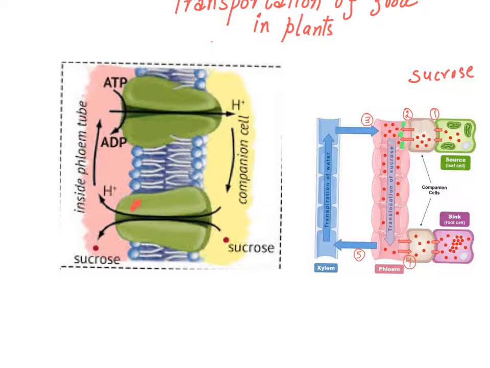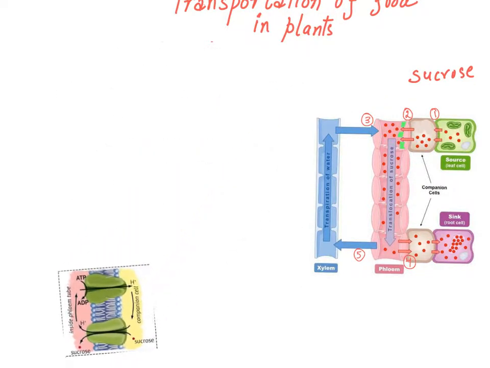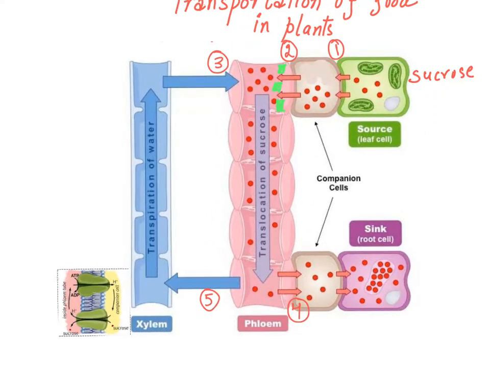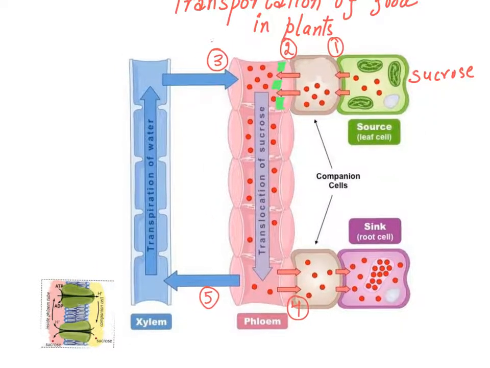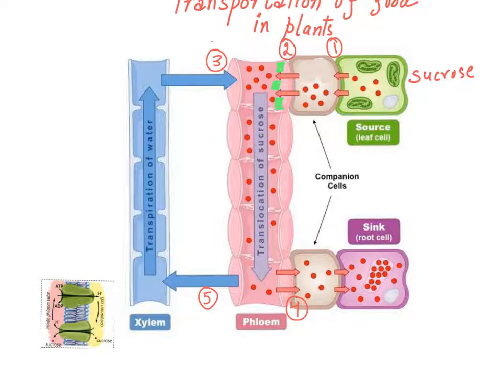But at present, you can see that the concentration of sucrose is more in phloem and less in the companion cell. If you look closely, 1, 2, 3, 4, 5, 6, 7. Seven sucrose molecules are shown here. 1, 2, 3, 4, 5, 6. So lesser than this. Still the arrow shows movement of sucrose into phloem.